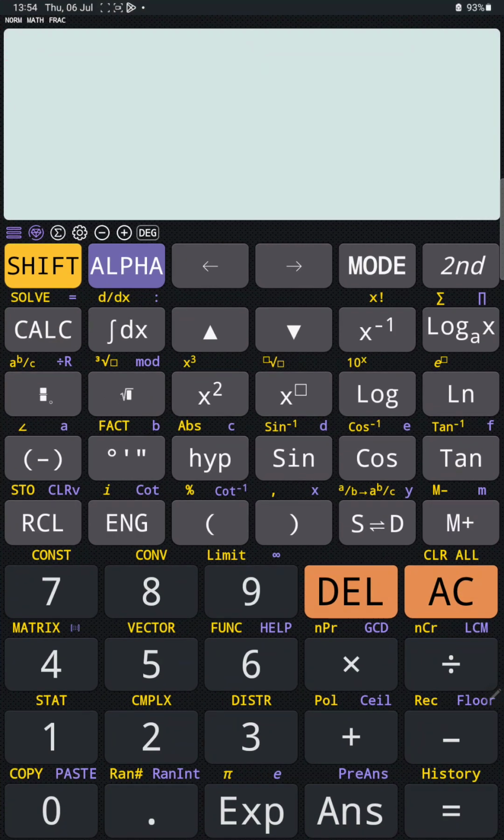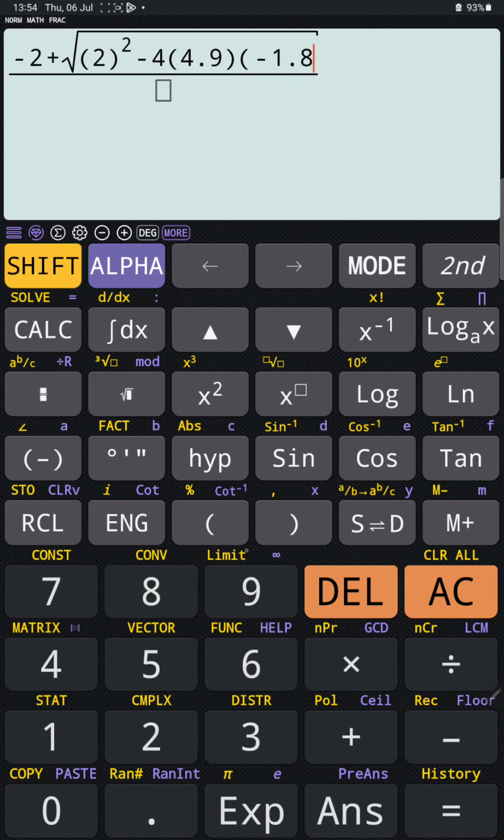You press this button first. You start by pressing the fraction button, then the root, and then take this menu out. So we have minus 2 plus, and then negative 2, sorry, it must be 2 squared, and then minus 4 times 4.9 times negative 1.8, and then you go down, it must be 2 times 4.9, and that means it must be 0.44.